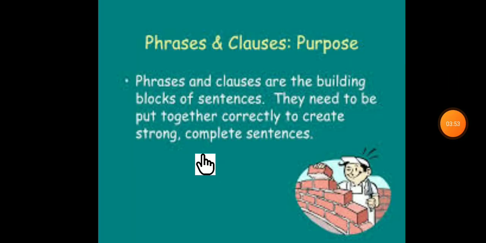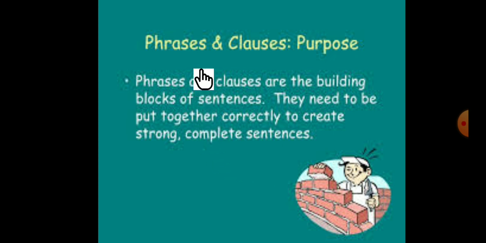Understood? So here is the purpose of phrases and clauses. What is the purpose of it? We have given one example of friends and an activity. In the same manner, phrases and clauses should have unity. See this definition: phrases and clauses are the building blocks of sentences. They need to be put together correctly to create strong, complete sentences.